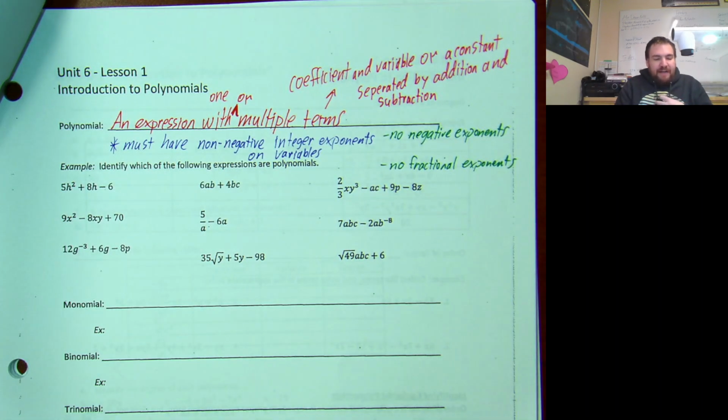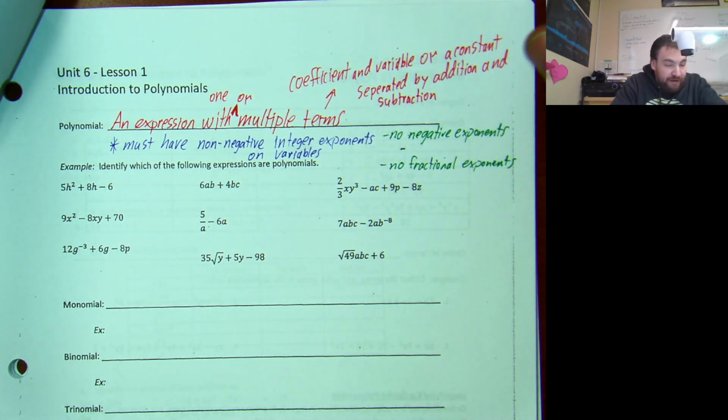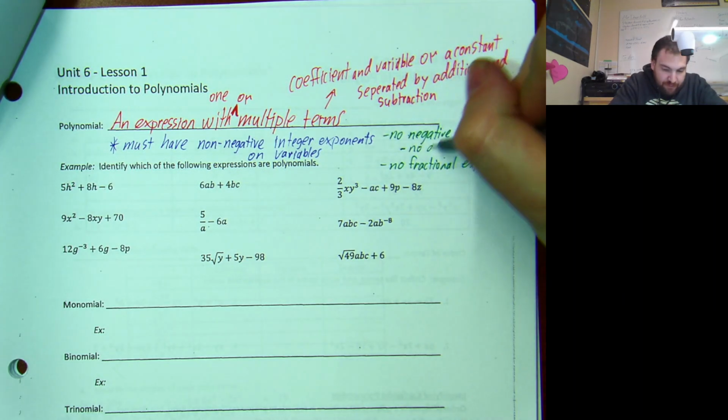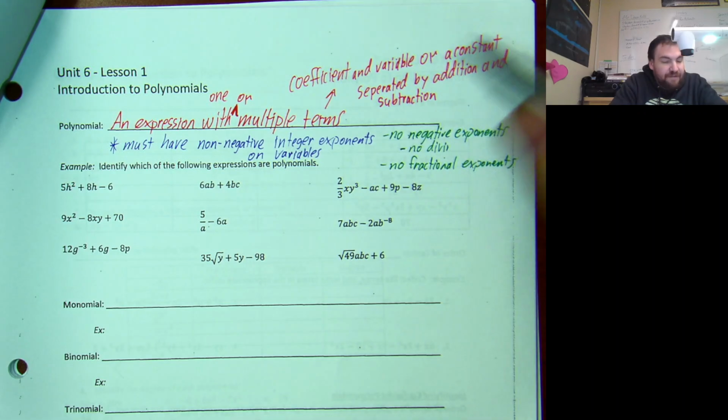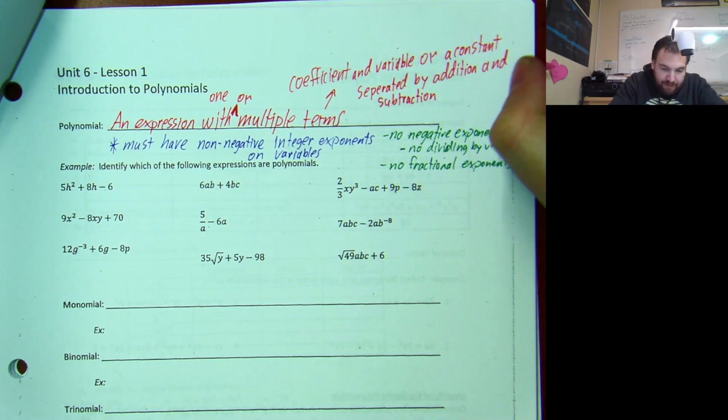Which means if I'm not allowed to have negative exponents on variables, I'm not allowed to divide by a variable, because a negative integer is going to put it into the denominator. So it's no dividing by variables.